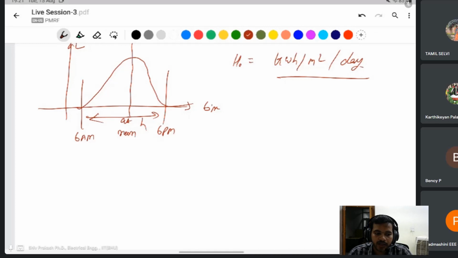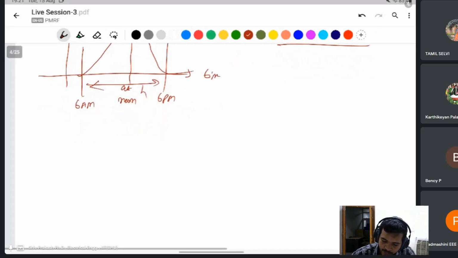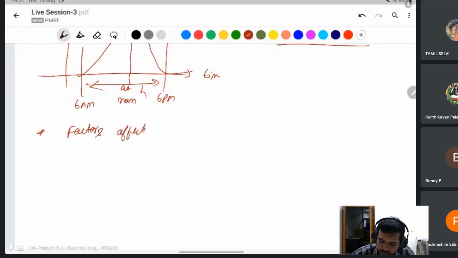It depends on the latitude and longitude. These are the factors affecting our irradiance, and also energy.